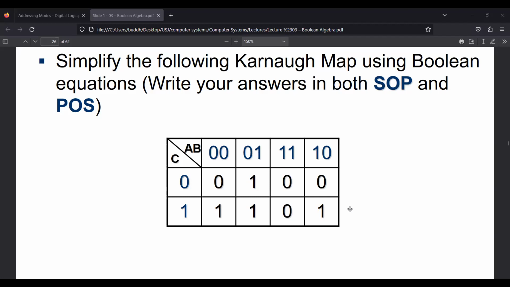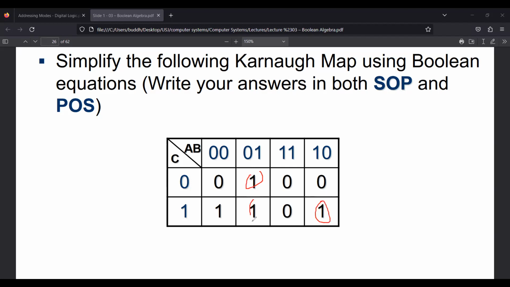Can you see this? Right. So using the explained rules, let's simplify this Karnaugh map only using the sum of products. That means by using only the ones.